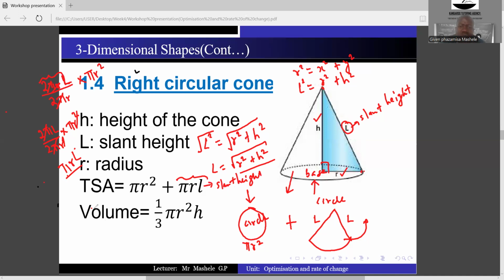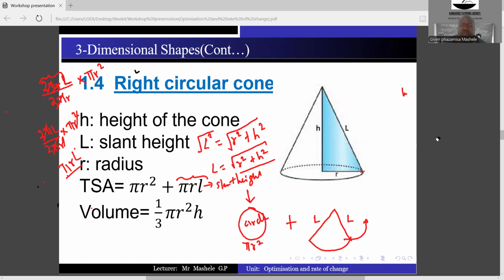Then now, how do we calculate the volume of this cone? Remember what I said? The cone comes from a cylinder. If we reconstruct this, then in a cylinder, we can have a cone. So the volume of a cone is 1/3 of the volume of a cylinder.